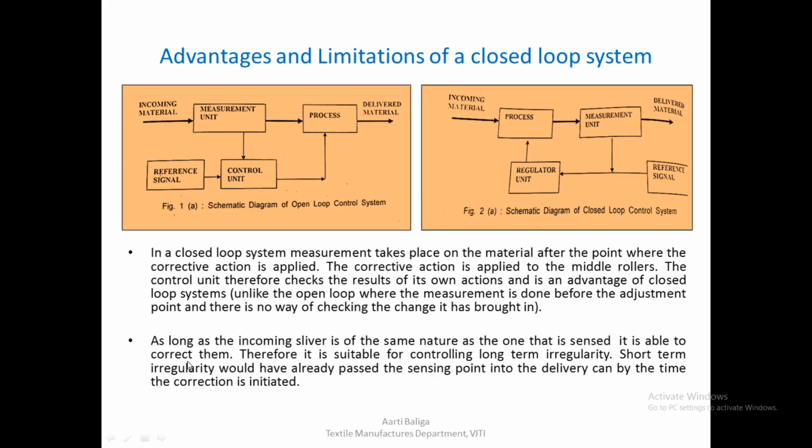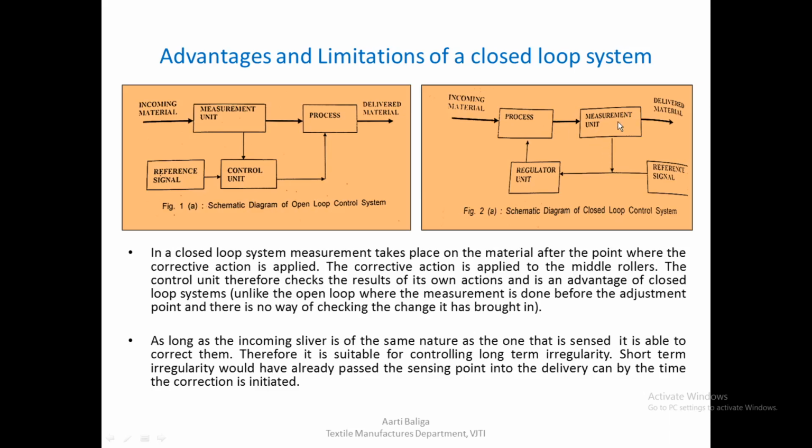Now another point that we should note in case of a closed loop system is that as long as the incoming sliver is of the same nature as the one that is sensed, it is able to correct it. That means we are assuming that the measurement is happening on the same kind of material which is continuously coming for a long duration of time through the process.